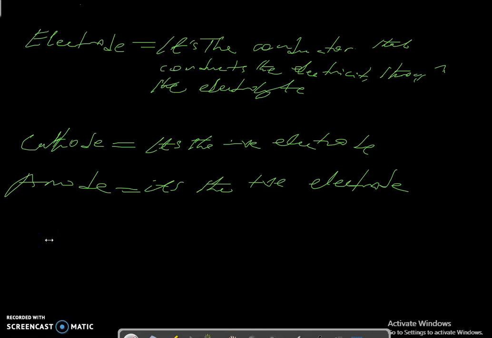Now let's look at a basic setup of an electrolysis experiment. Right, so let's continue with a basic setup of an electrolysis experiment. What is it made of? Remember, we talked about electrode, positive electrode, negative electrode, and we also looked at electrolysis and electrolyte.